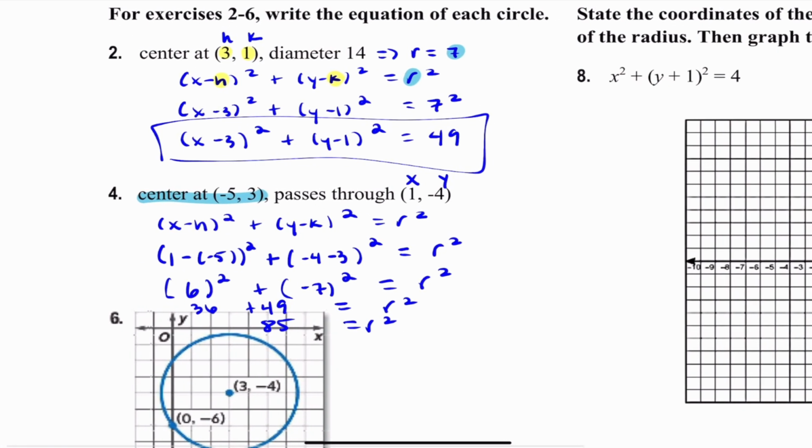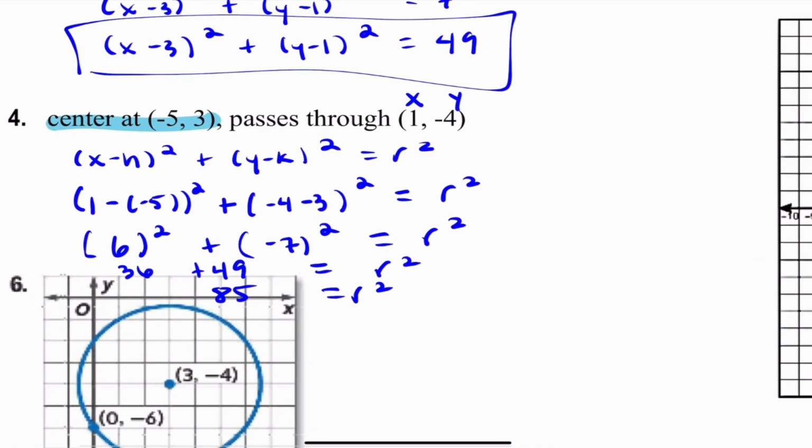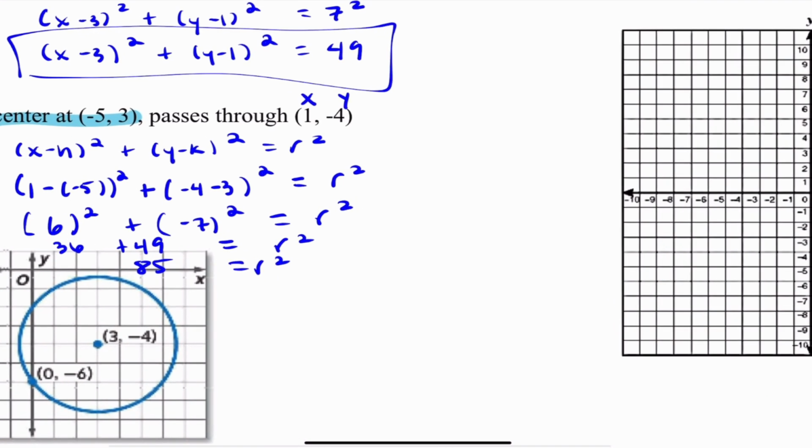And then look at this. Because we know what h and k are, it's -5 and 3, and we also have r squared, which is 85, I can go ahead and just plug everything in.